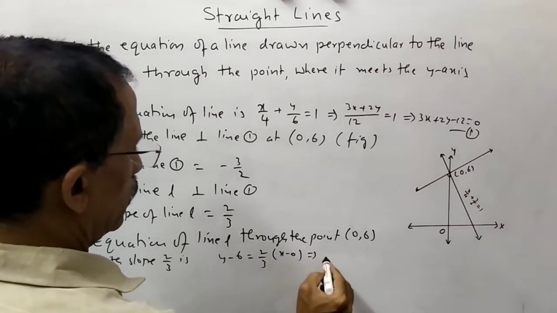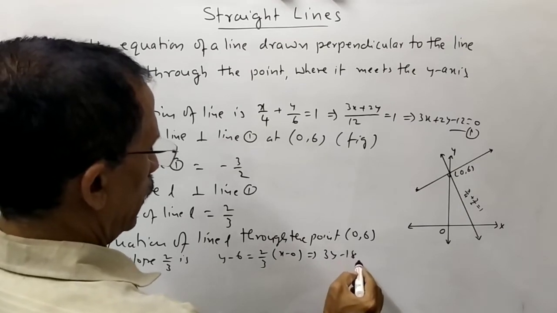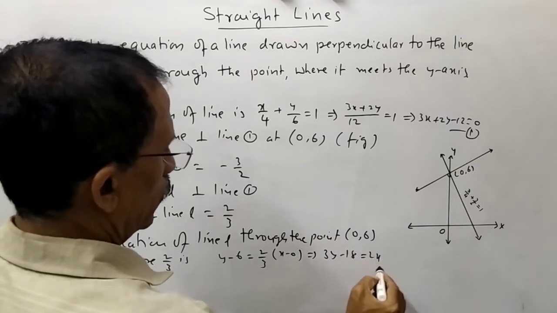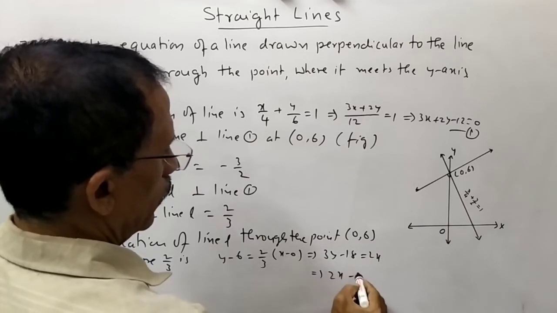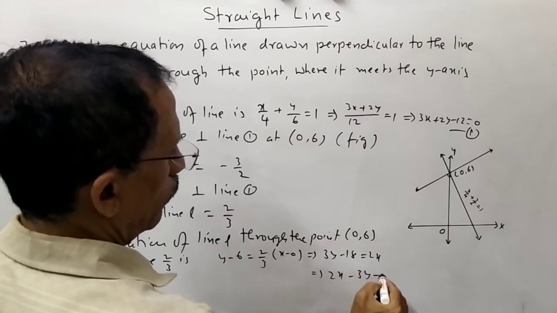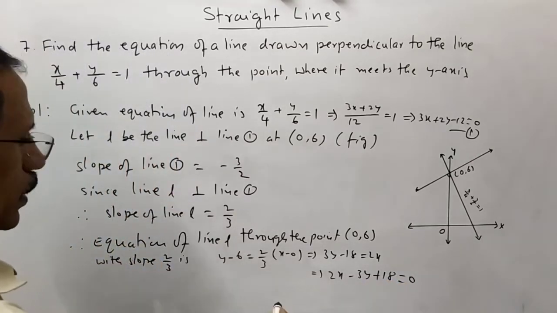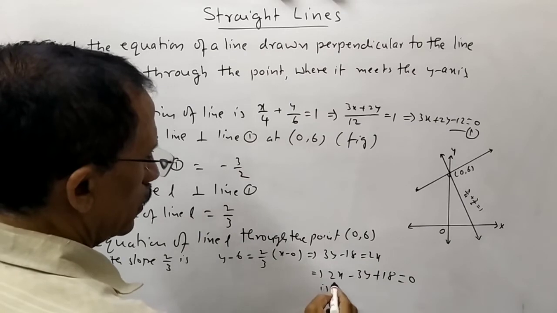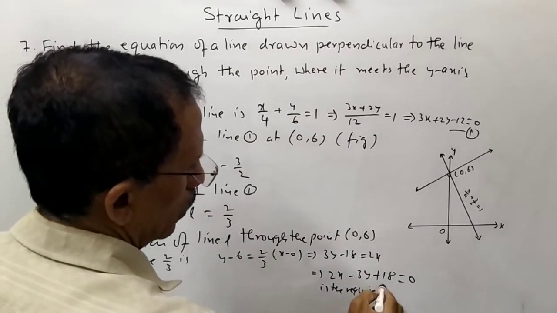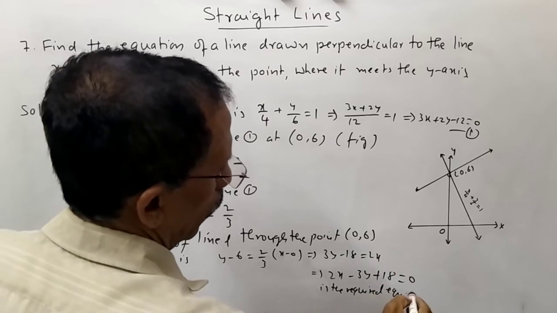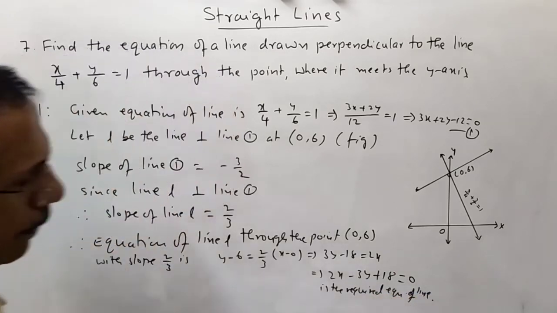This implies 3y minus 18 is equal to 2x, implies 2x minus 3y plus 18 is equal to 0 is the required equation of line.